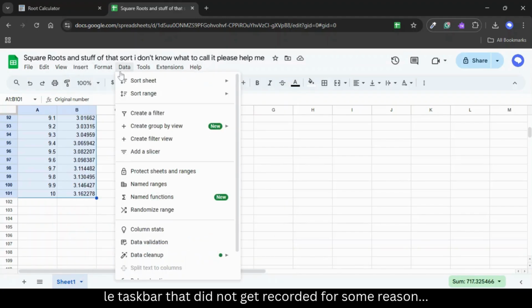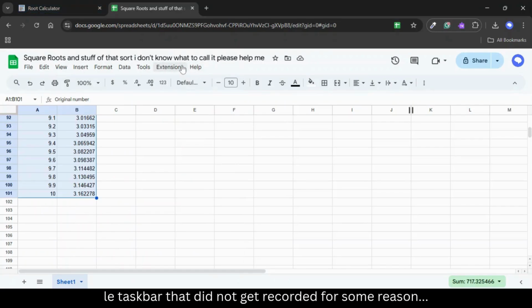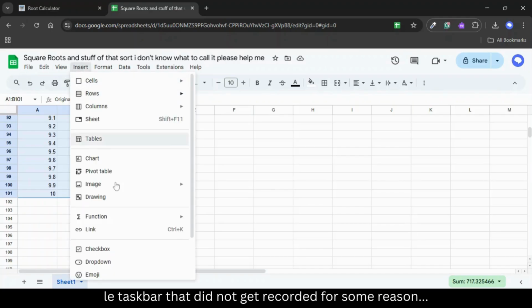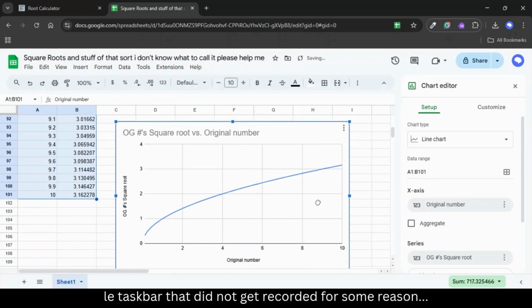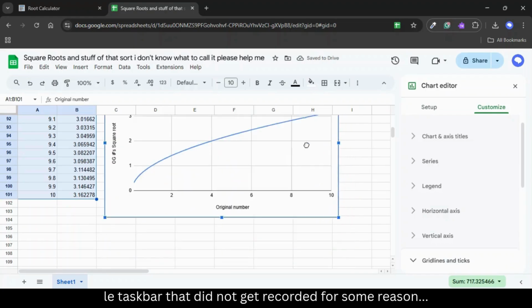How the heck do I use this website? Insert, table, chart. Line chart. Oh, that's exactly what I'm looking for.